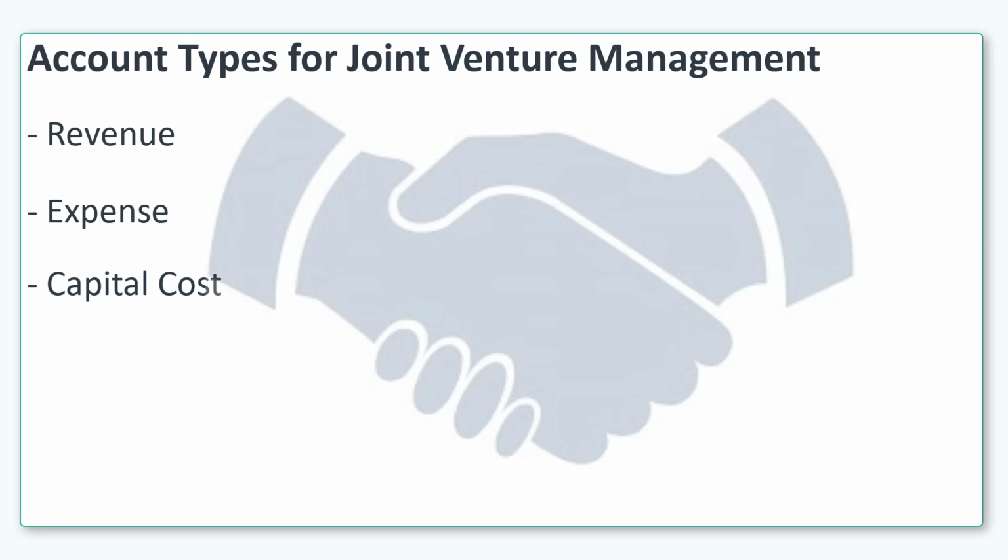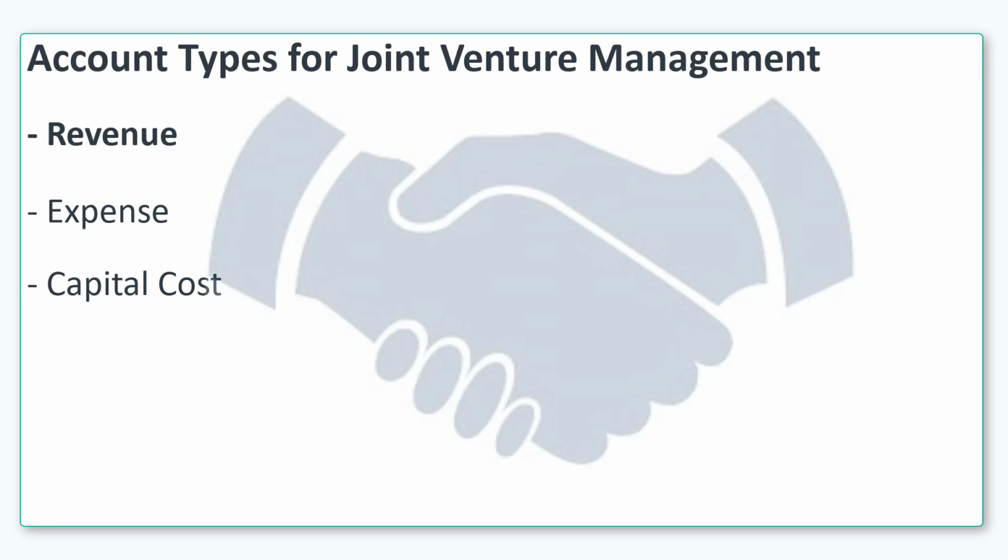The system uses these AAIs to determine which accounts are for revenue, expense, and capital cost, and designates the account type for each distributable transaction for later processing.